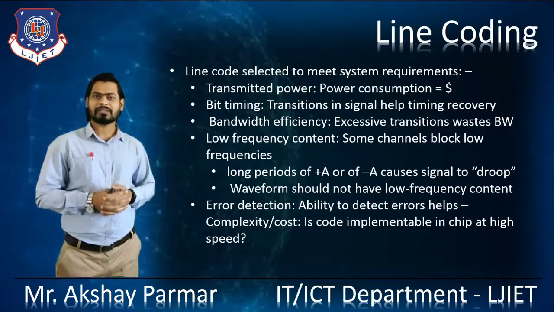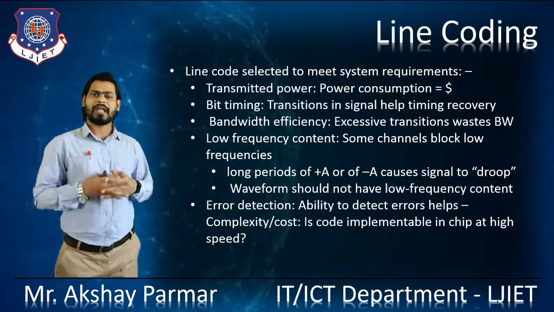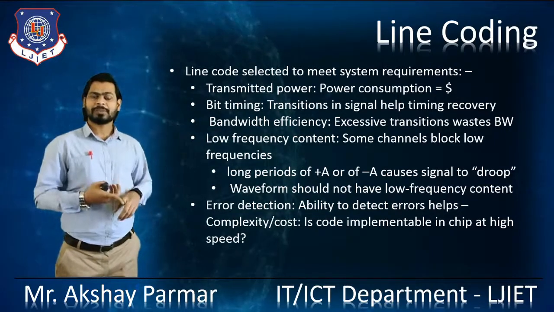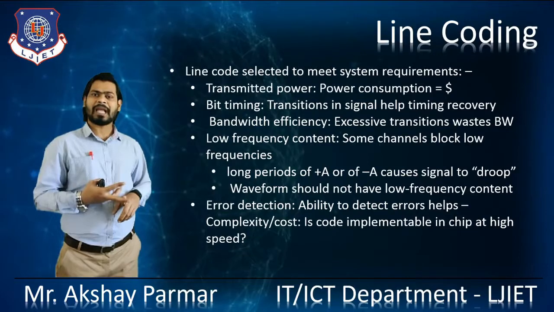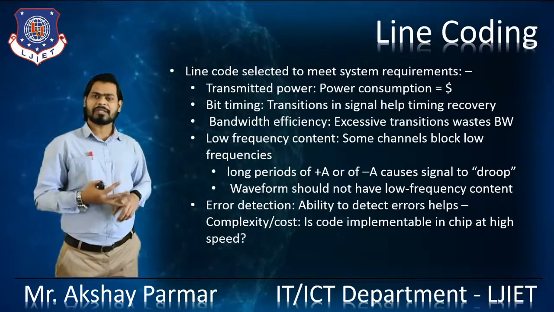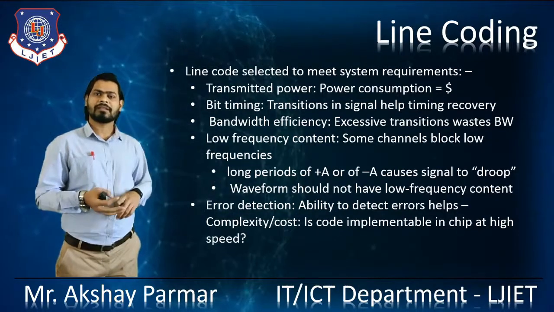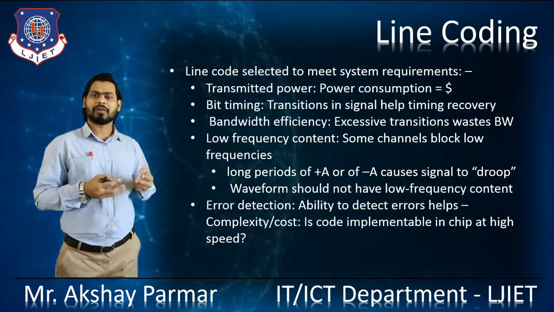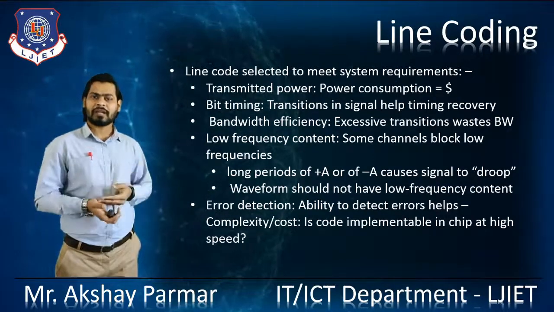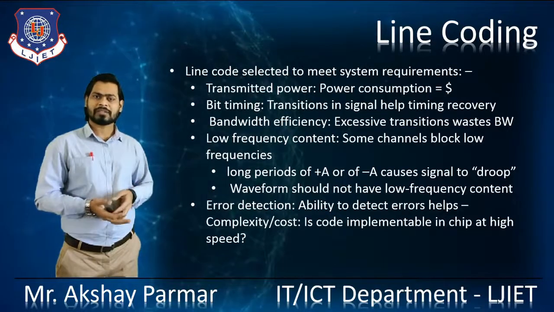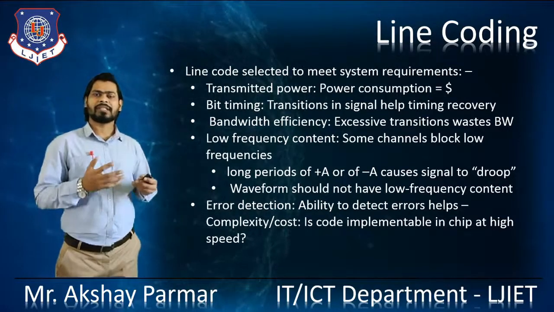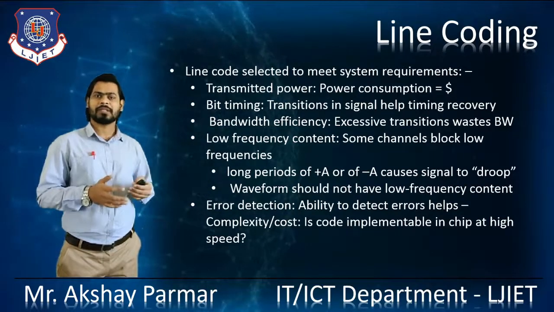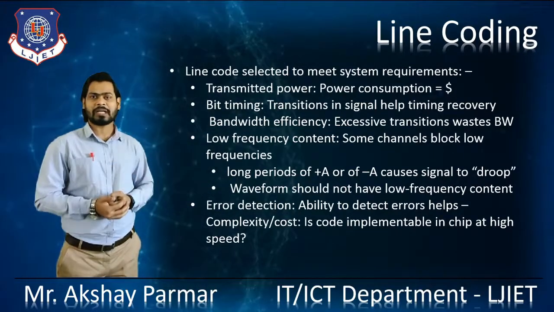The line code is selected to meet system requirements like transmitted power, bit timing, bandwidth efficiency, low frequency content, error correction and error detection, and complexity, or we can say the cost.